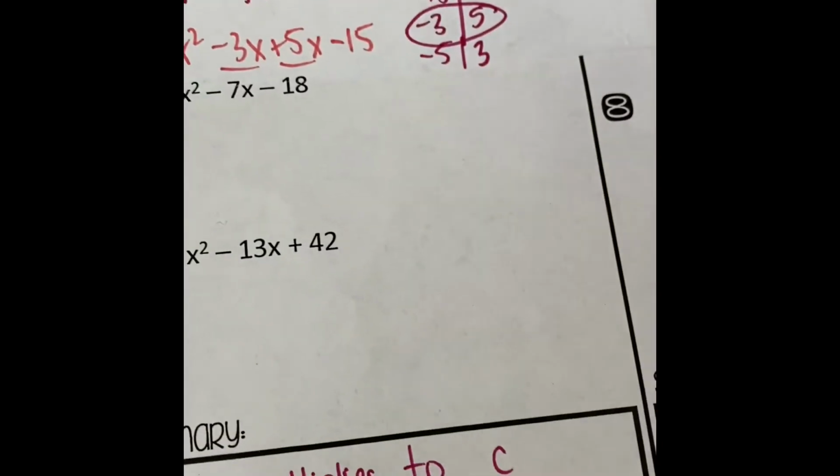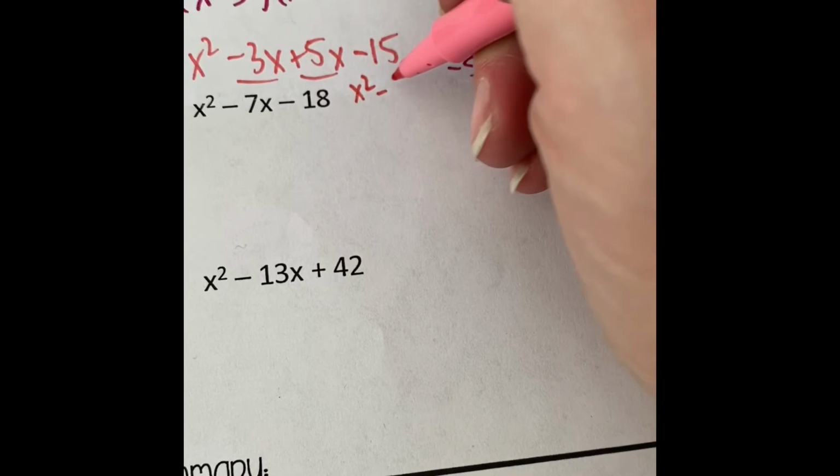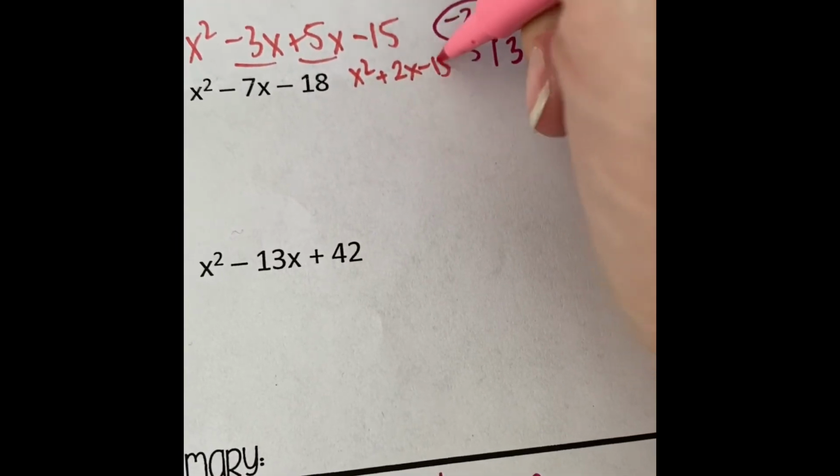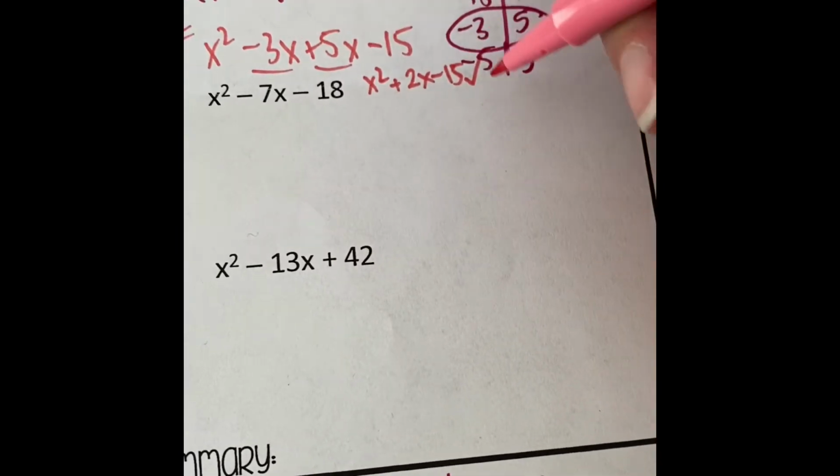Combine these two terms together, and I get x squared plus 2x minus 15. That gets me back to where I started, so that checks out.